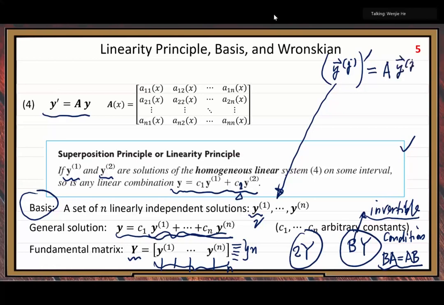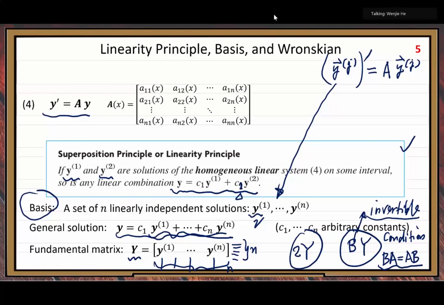We should have that, right? We just take an arbitrary one of the n solutions and plug in. The equation must hold.